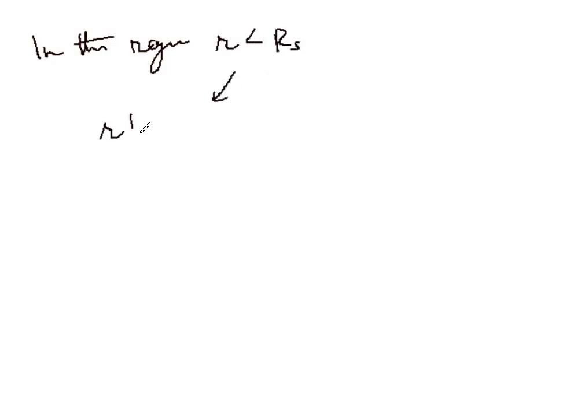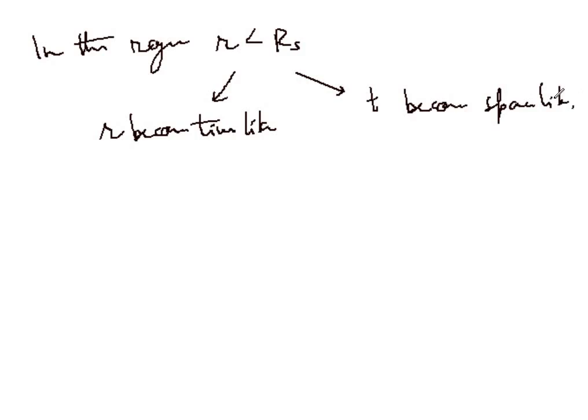So let me again do a little bit of recap. What I have been saying basically is that in the region R less than Rs, R becomes time-like and T becomes space-like. Right?